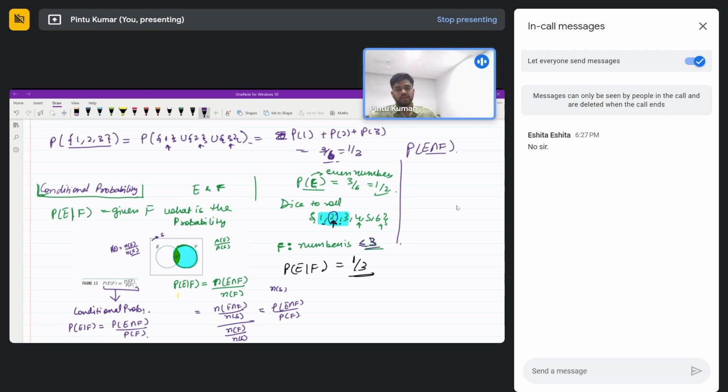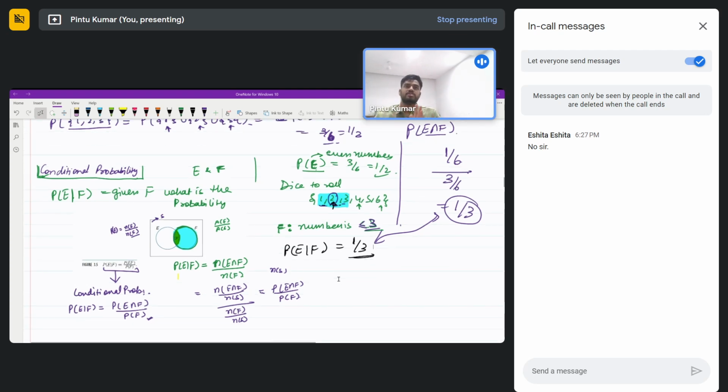There is only one element, right? So the probability of this would be 1 by 6. Now what is the probability of F? The number is less than or equal to 3, that is 1, 2, 3, so this is 3 by 6. I obtained 1 by 3, and this is the same as what we obtained by counting explicitly. Any doubt related to the definition of conditional probability, or what this means, or how we can solve problems based on it?